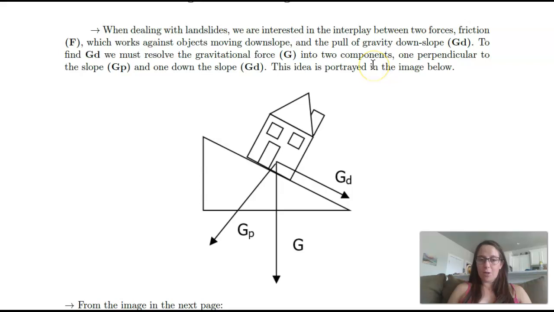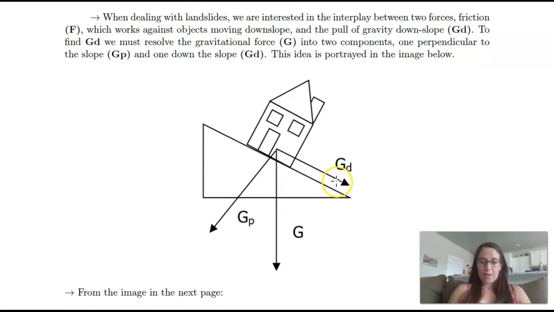One of those components is going to be perpendicular to the slope, so this one right here, and we call it GP, which stands for gravity perpendicular, and the other part is going to be the gravity downslope. So gravity itself is resolved into 2 different components, gravity perpendicular and gravity downslope.